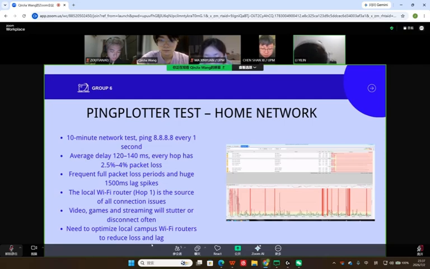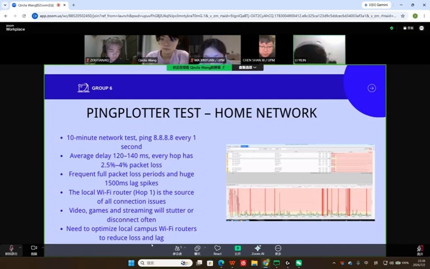We see frequent full packet loss and massive spikes of up to 1.5 million. The local home Wi-Fi router at Hop 1 causes all these connection problems. Streaming, videos, and online games often lag or disconnect. We need to adjust the local Wi-Fi router to reduce packet loss and delay.